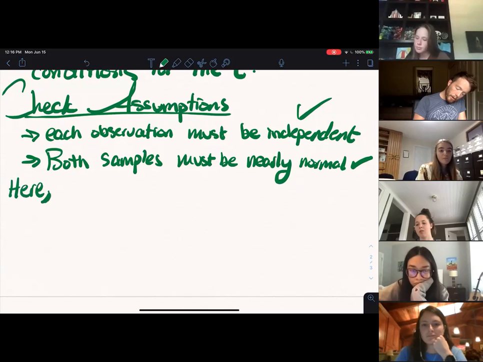I want to tell you here, you remember for t-distribution, we need to know the degrees of freedom, right?